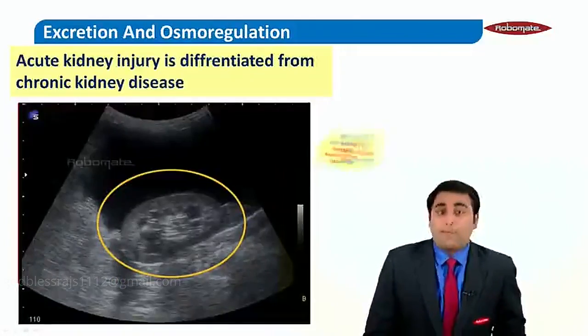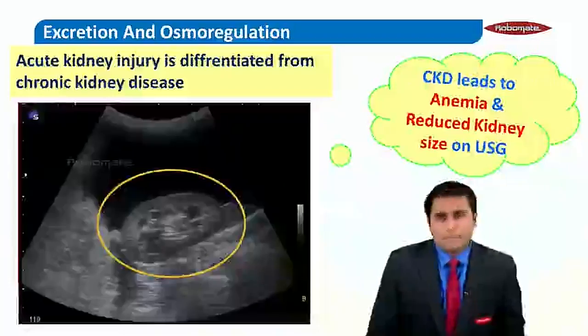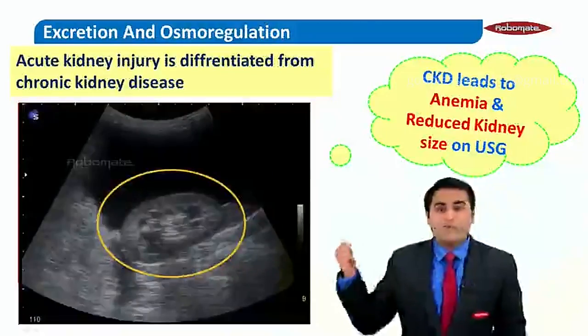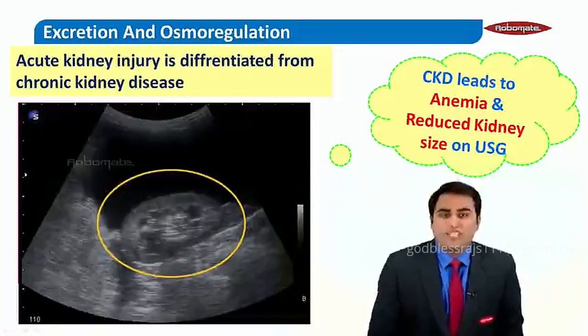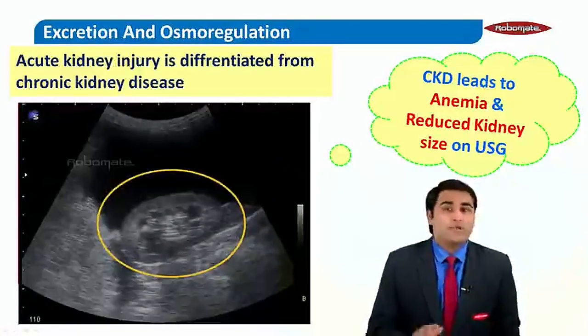In chronic kidney disease or chronic renal failure, there is a decreased production of RBCs, so the patient will have anemia. And if you see the USG or ultrasonography of a chronic kidney disease patient, the size of the kidney is also reduced.